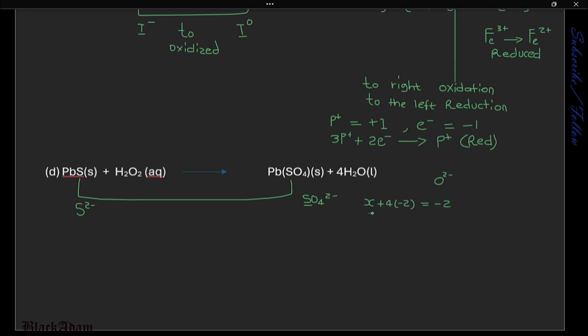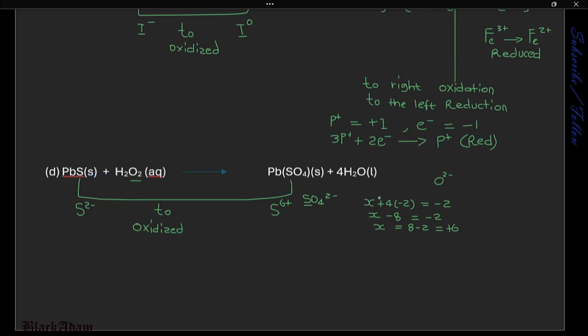Sulfate as a whole has -2. So it's x minus 8 is equal to -2. So x is going to be 8 minus 2, and then that's going to be +6. So sulfur moves from -2 to +6. So that is going to be oxidation. It's been oxidized.